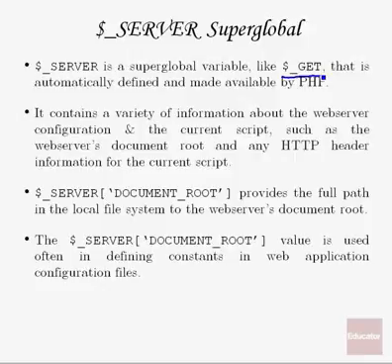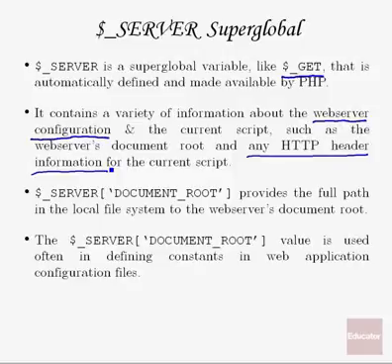The underscore SERVER superglobal provides information about the current web server configuration, and also provides a lot of information like the web server's document root and any HTTP header information for the currently running script. It's an associative array like GET, and one of the more common keys that we're going to use to access this array is document root.